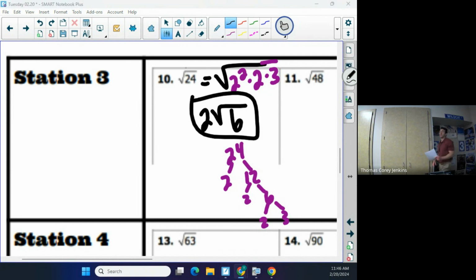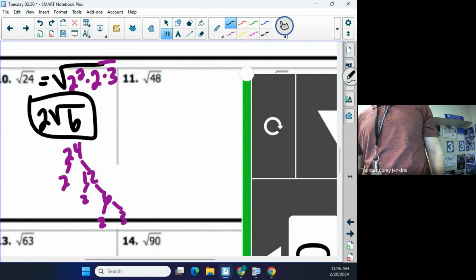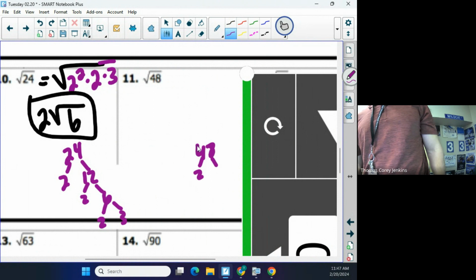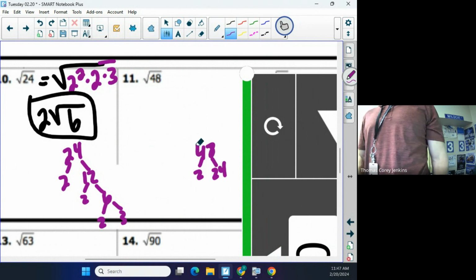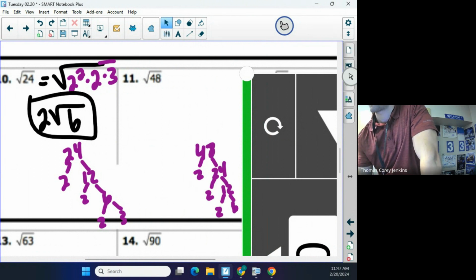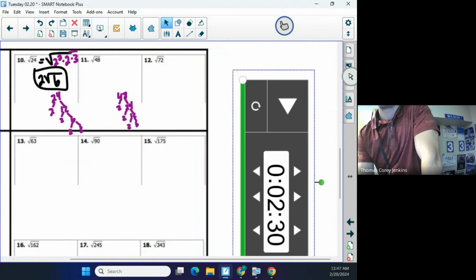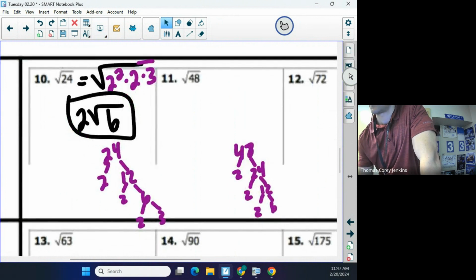All right, number 11, square root of 48. I'm going to get my factor tree. See what my prime factors of 48 are. So obviously it's even. So 2 times 24. 24 is still even. That'd be 2 times 12. 12 is still even. 2 times 6. And then 6 is 2 times 3.